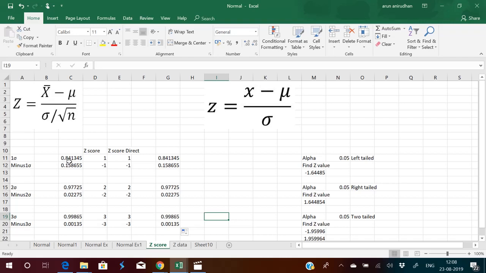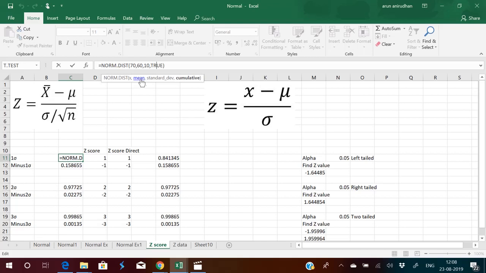For that you have to use the formula NORM.DIST, where you give the value 70, that is the mark you got at 1 sigma, comma 60, comma 10, comma TRUE. So you got this value, and then at 50, what is the p value? That is the value you get by this formula.